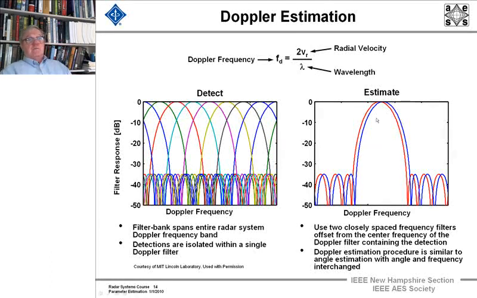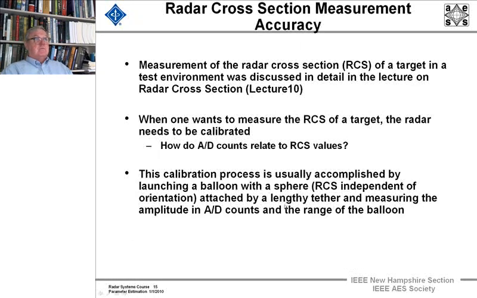If one of them is bigger than the other, you can simply take the amplitude with one Doppler filter and the amplitude at another, and take a weighted average given the amplitudes. That will give you a better measurement of the Doppler frequency and also the radial velocity directly from the radar measurement.